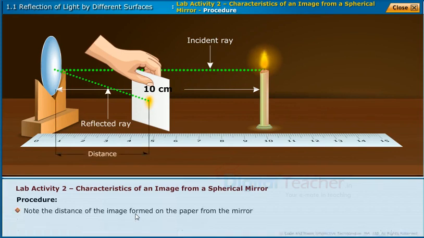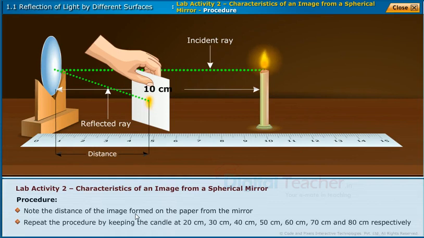Note the distance of the image formed on the paper from the mirror. Repeat the procedure by keeping the candle at 20 cm, 30 cm, 40 cm, 50 cm, 60 cm, 70 cm, and 80 cm respectively. Note the observations accordingly.